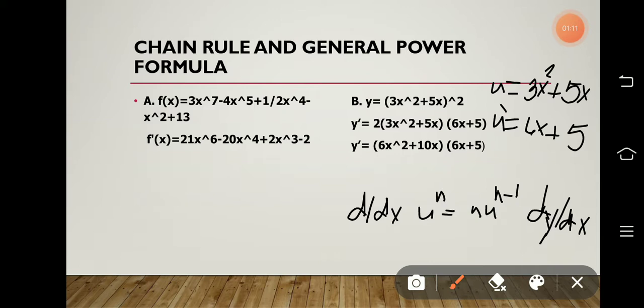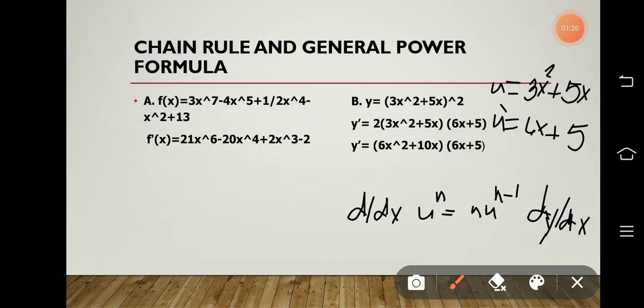So simply multiply the exponent to the first term or the first variable. So the answer is f prime of x equals 21x raised to the 6th power minus 20x raised to the 4th power plus 2x cubed minus 2x.